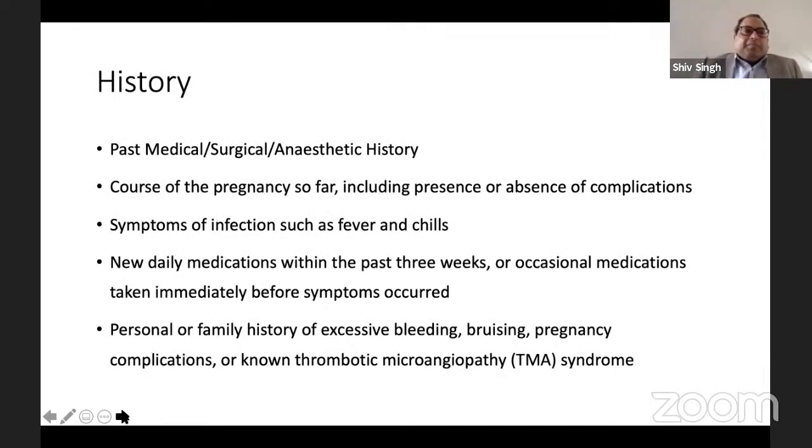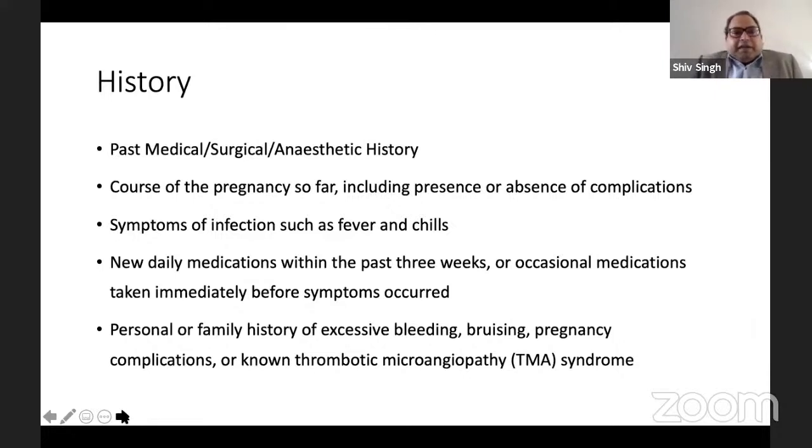So you need to look at the past medical, surgical, anesthetic history as you would do in any patient. You need to look at the course of the pregnancy so far, and for any presence or absence of complications. You need to ask the patients if there are any signs of infection, if there has been history of fever with chills and rigors.